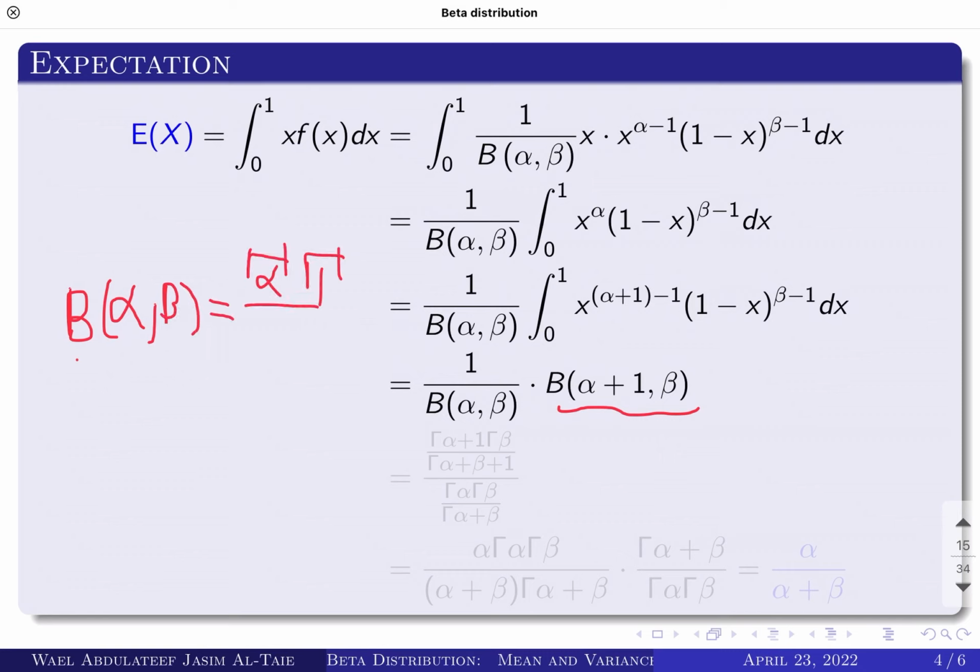Now the beta function of alpha plus 1 and beta will be gamma of alpha plus 1, gamma of beta, over gamma of alpha plus 1 plus beta. So we just substitute all of these expressions of the beta functions.